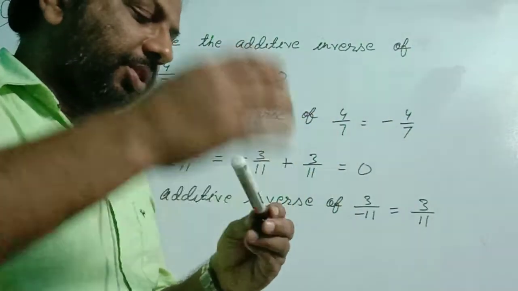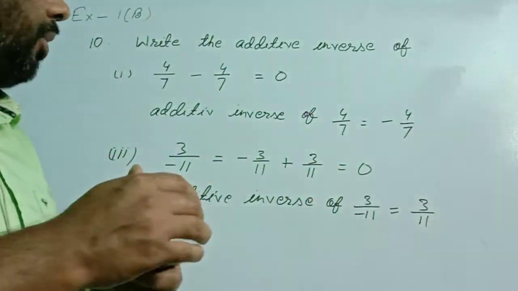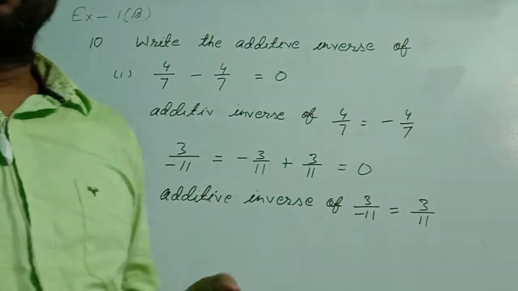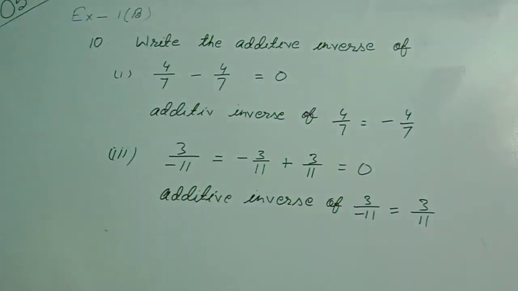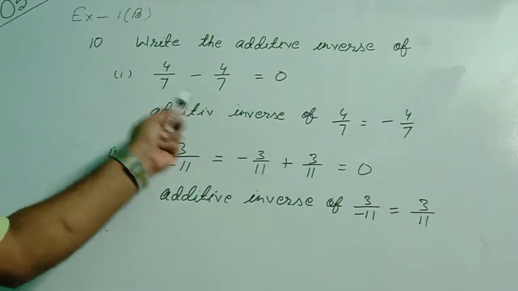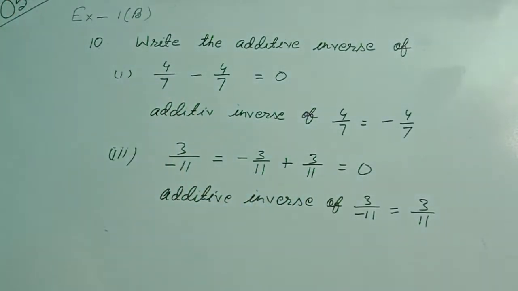So what are we saying here? What will you add or subtract from the given fraction to make it 0? That fraction, which is added or subtracted, will be the additive inverse of the given fraction.